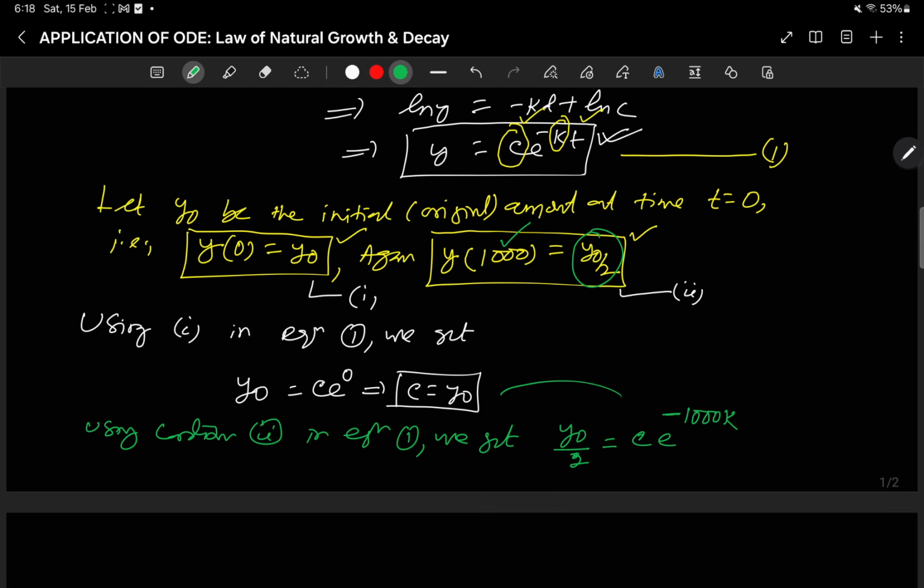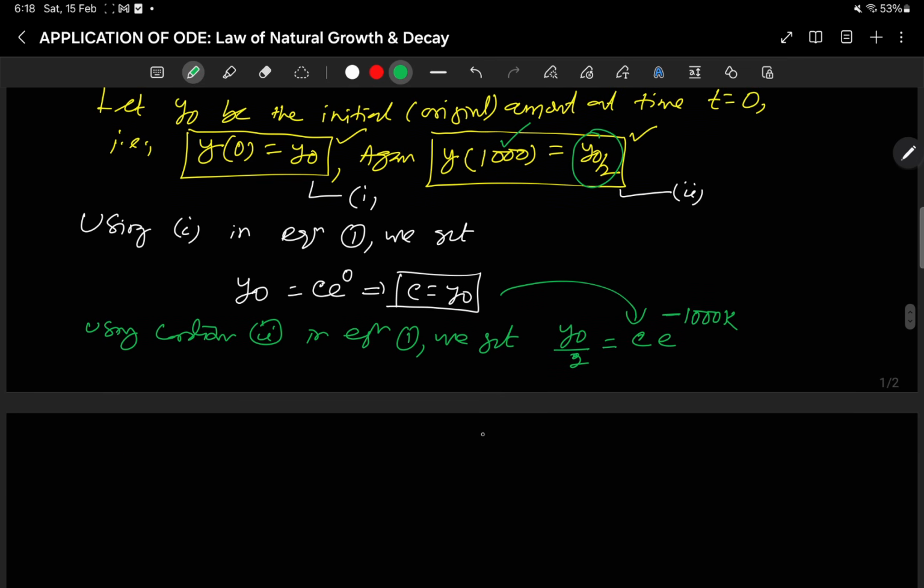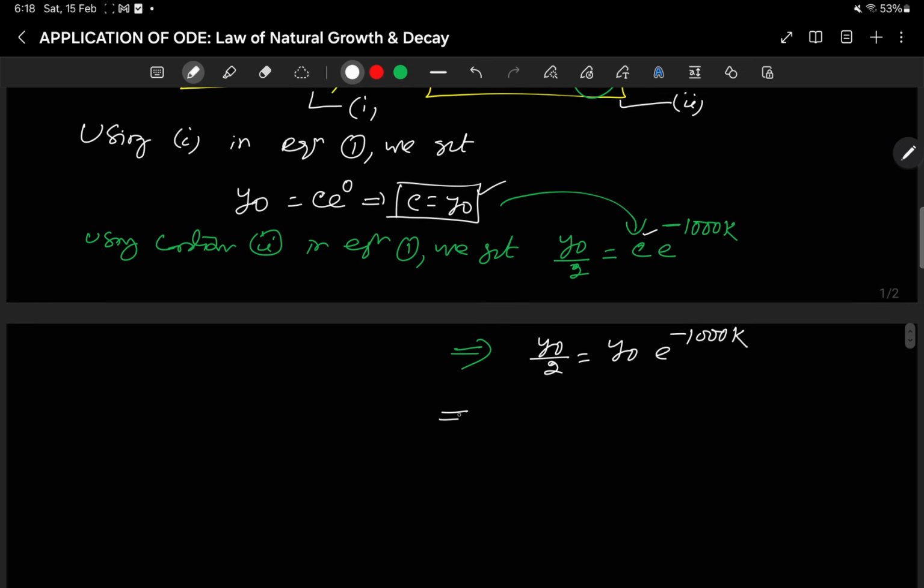Okay, and we substitute the value of y0. So this implies y0 by 2 is equal to the value of c, which is y0, y0 e to the power minus 1000 k. Now y0 cancels on both sides.